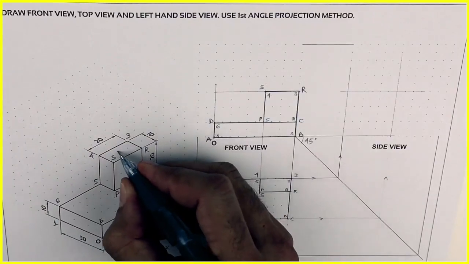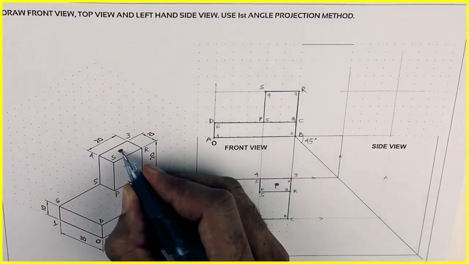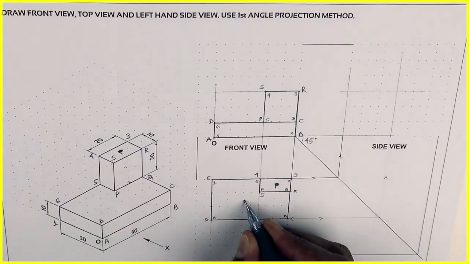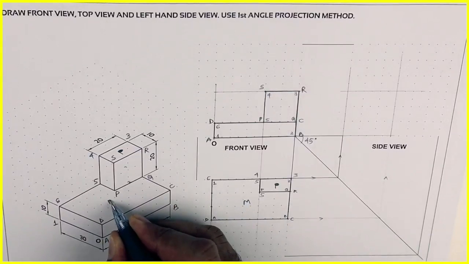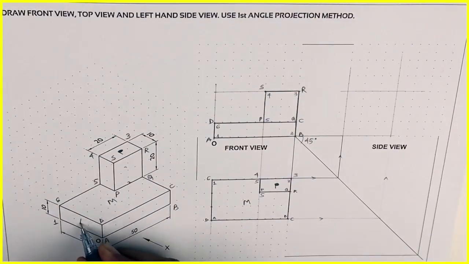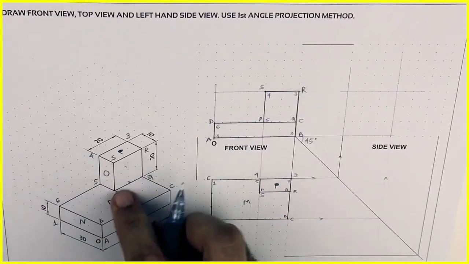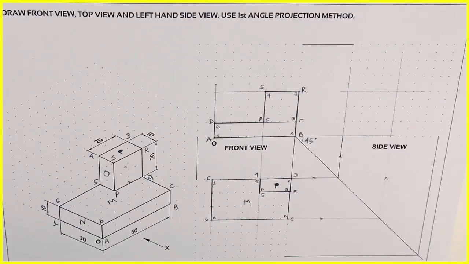Now see this portion 20 by 10, which is P. It is over here. And this portion, which is M, which is over here. See this. So it is easier to identify. This is N. So the N and O. So these two portions we are going to draw it in side view.